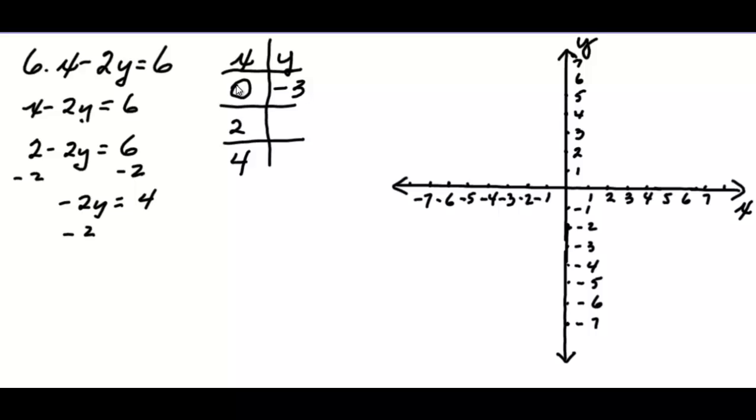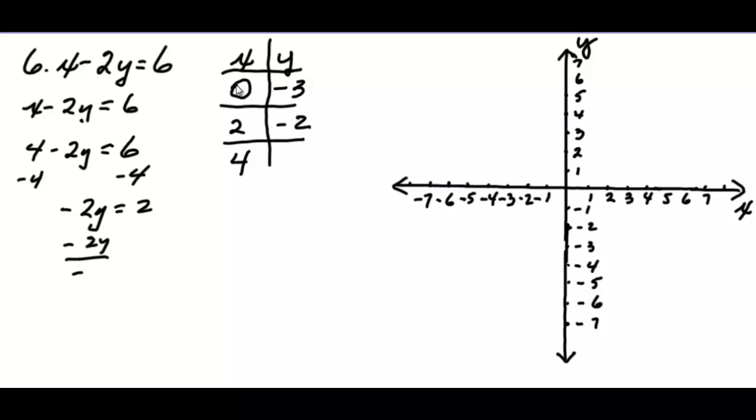When I divide both by negative 2, I get 4 divided by negative 2, and y equals negative 2. Finally, where x is equal to 4, I substitute in 4 minus 2y equals 6. Subtracting 4 from both sides, I get negative 2y equals 2, and dividing both by negative 2, I get y equals negative 1.